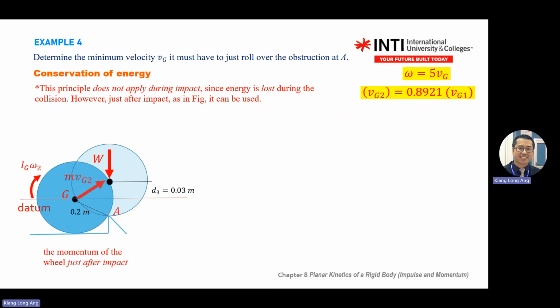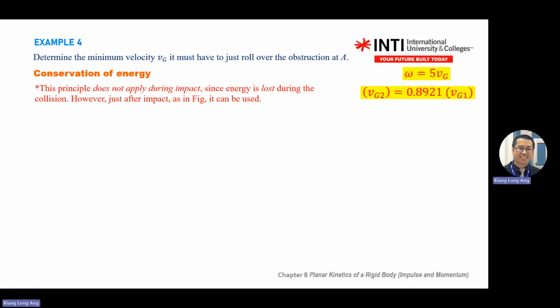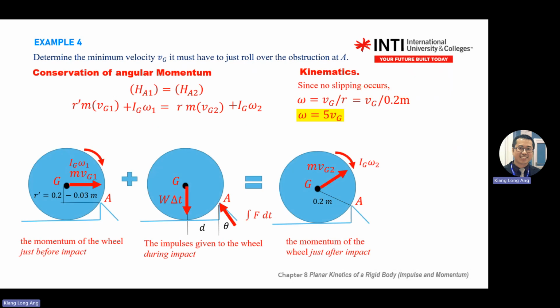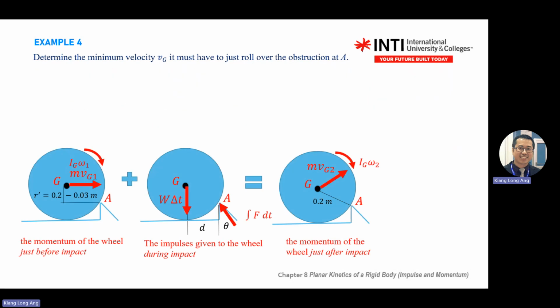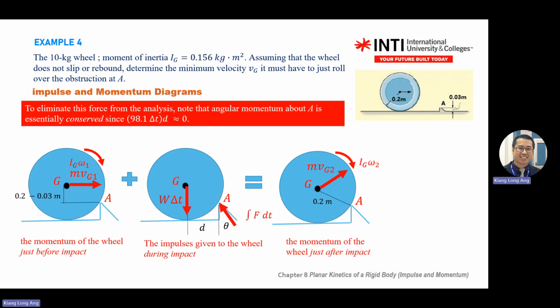This is the distance G moves up from the initial position. When G moves to A, it moves up by this distance, which is 0.003. How do you know it's 0.003? You need to refer back to the question. The question gives you this distance.